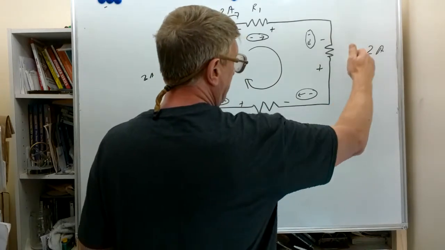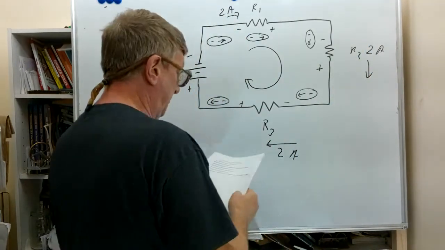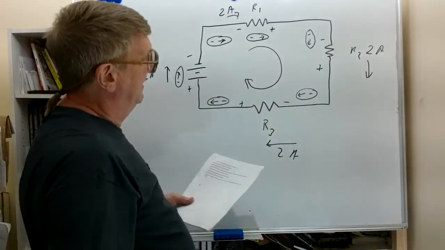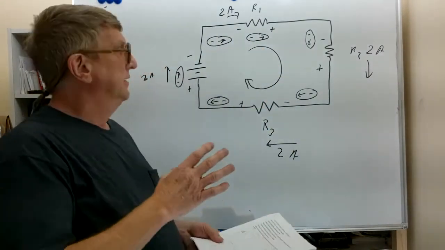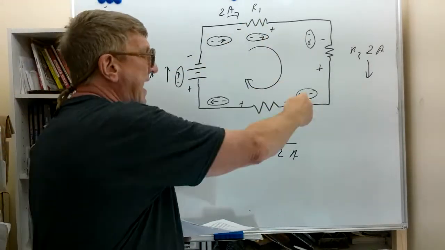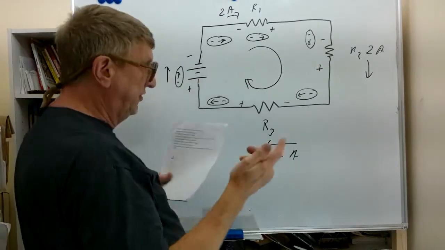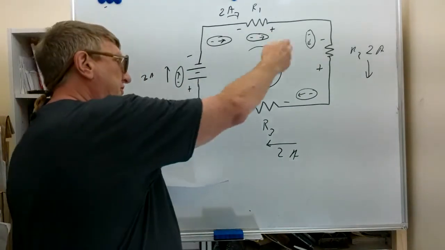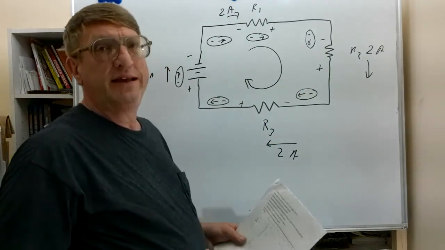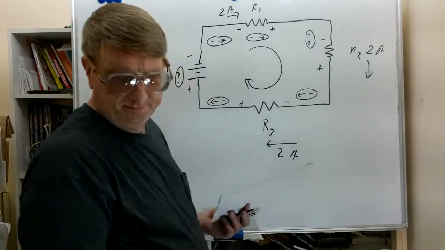Same thing happening in R2, same thing happening in R3. So in this circuit, we end up with the same current flowing everywhere in the circuit. In a series circuit, or a single loop, the current flow is equal everywhere.